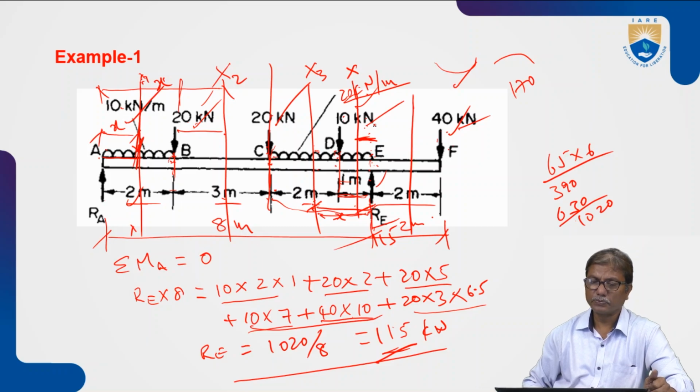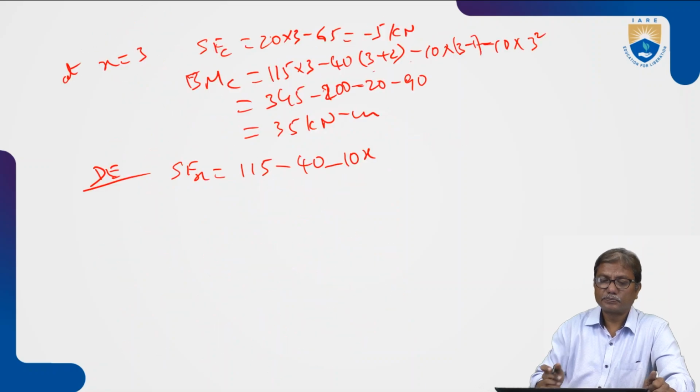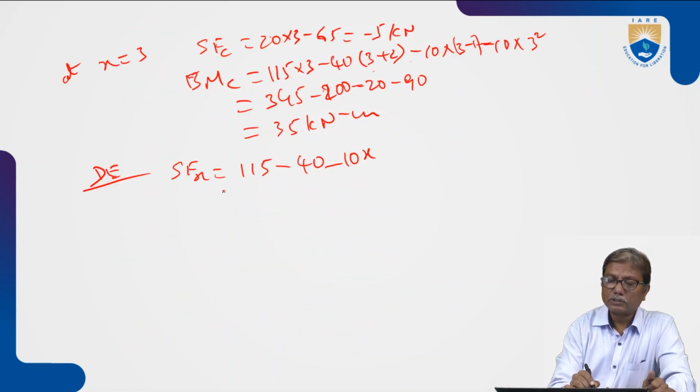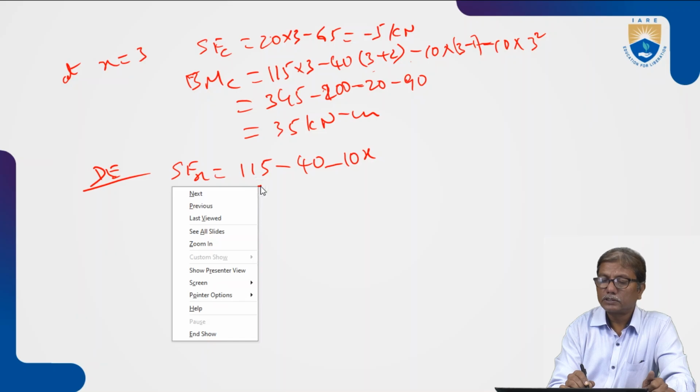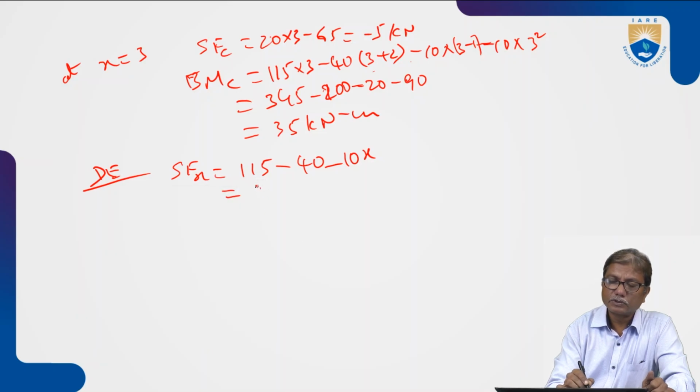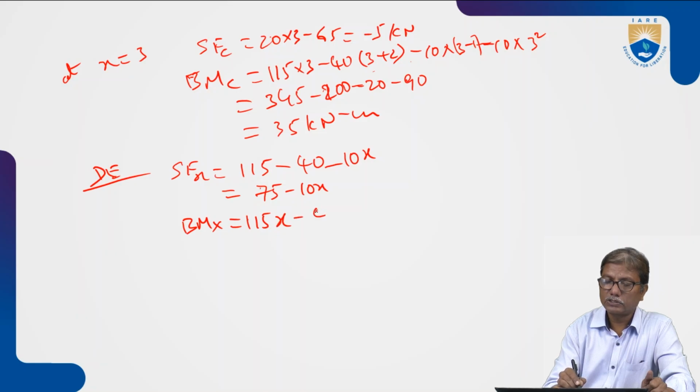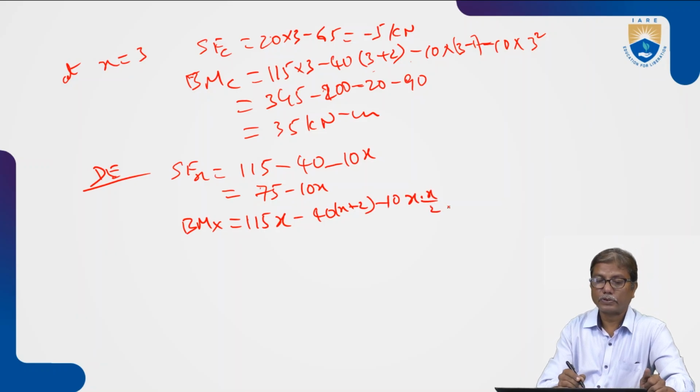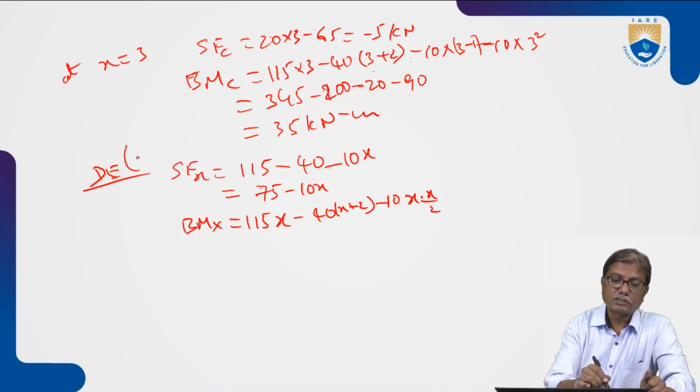Three loads we have, including the reaction. Similarly, bending moment at x is equal to 115x minus 40 into x plus 2 minus 10 into x by 2. Okay. Now the limits are 0 to 1.